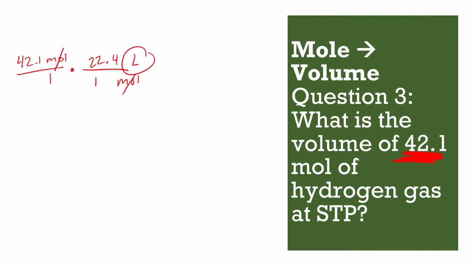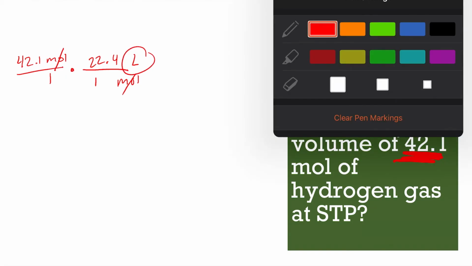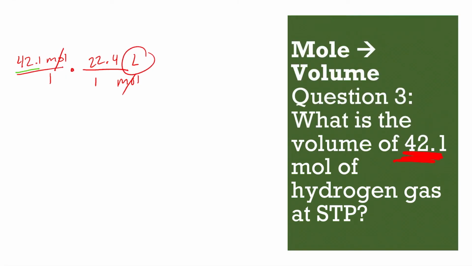Cancel those moles out. We're left with liters. Good job. So we're left with 42.1 times 22.4, which gives us 943 liters. And that is it. Again, I think it's the simplest conversion. If you agree, if you disagree, that is completely up to you.